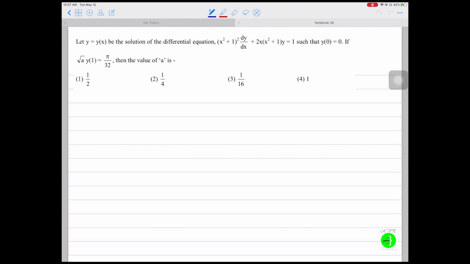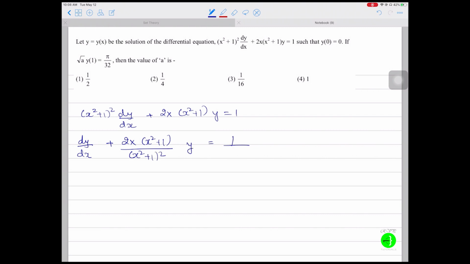So we have this differential equation (x squared plus 1) squared times dy by dx plus 2x times (x squared plus 1) times y equals to 1. First thing we do is divide by the term (x squared plus 1) whole square.